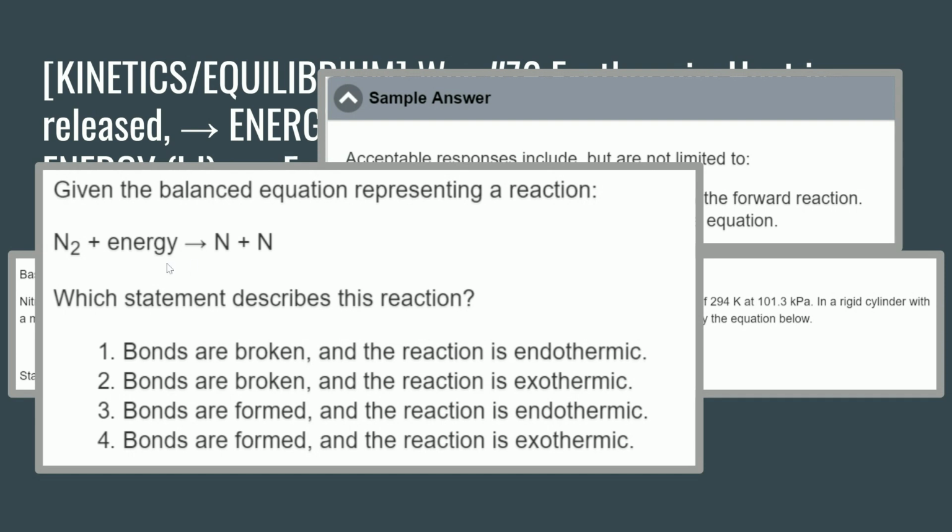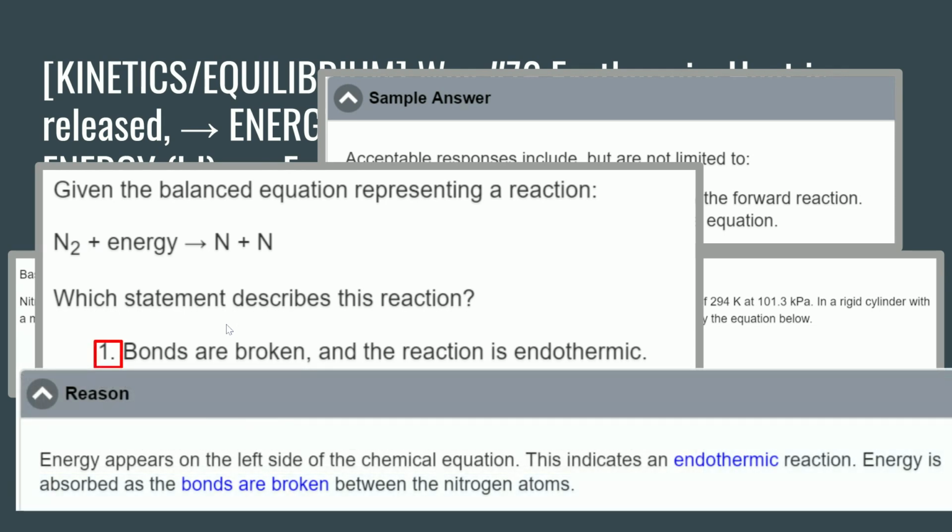Note that energy is on the left side, so the reaction is endothermic, so it's between answer choices 1 and 3. Now, in this case, are we forming bonds or are we breaking bonds? Well, here this 2 means that nitrogen is together and bonded to one another, and here the product nitrogen is separate. So that means bonds are being broken, so answer choice 1 is correct. Bonds are broken and the reaction is endothermic.